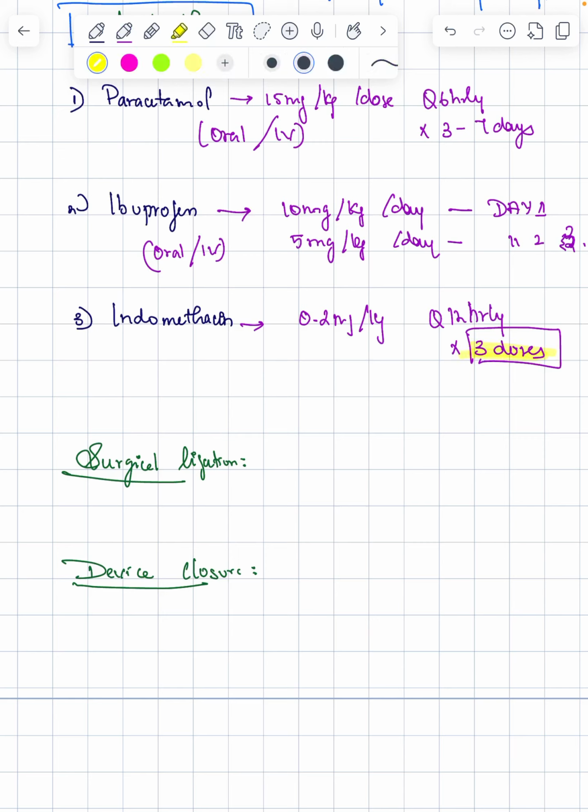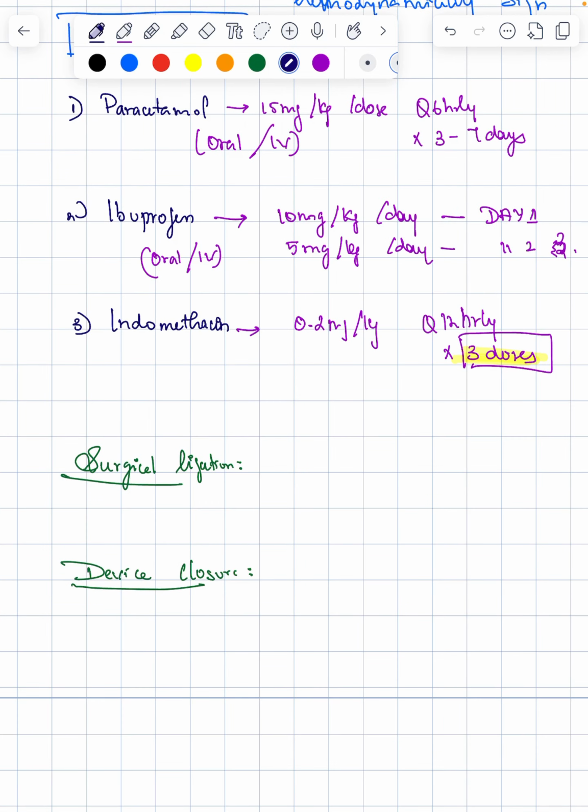Right? Next, this is your first course of drugs. A second course of this drug therapy can be repeated after 48 hours if the duct remains patent.